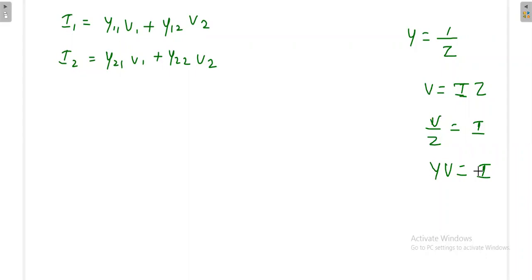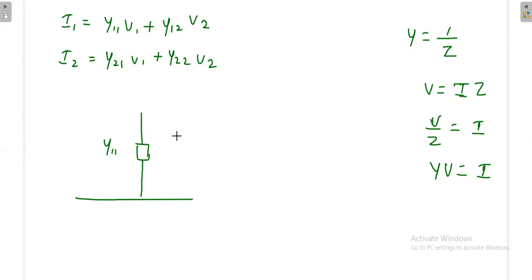Okay, so now how can I represent the network? I'll take one admittance here. Then once I provide I1 current, the part of the current is Y11 V1. Then again, I cannot provide V2 here, because V2 is from the other output terminal.